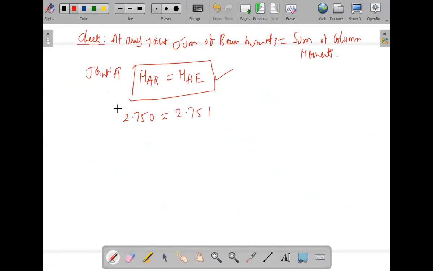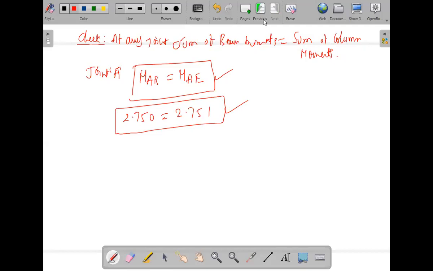Are both approximately the same or not? Okay, these are the same. 2.750 is approximately equal to 2.75. While rounding off, this 0.1 will come. Exactly, you got the same values. So the values you got are correct.